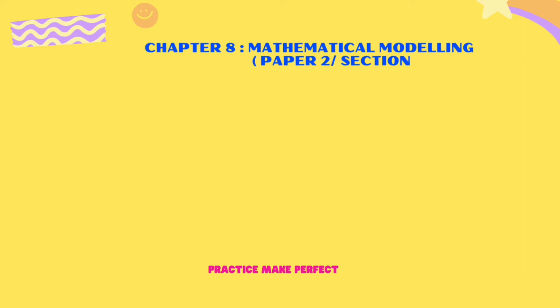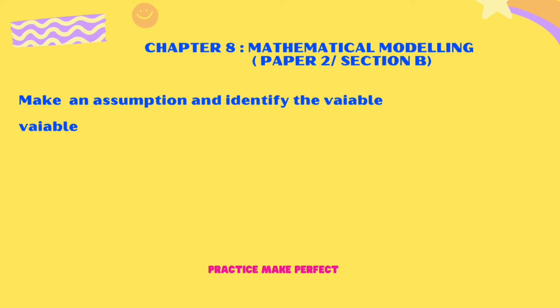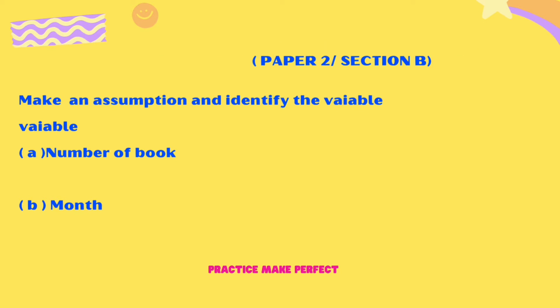The second step is to make an assumption and identify the variable. Variable, the spelling is wrong. Variable. Please do the correction. So the variables are the number of books and the month the books are sold.